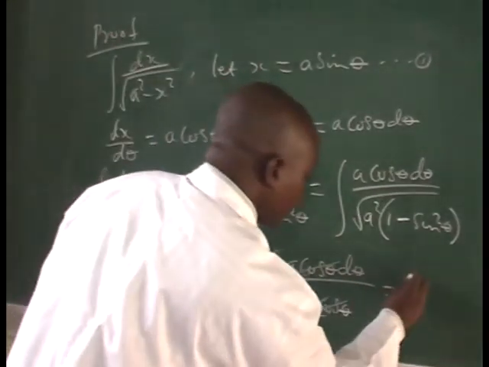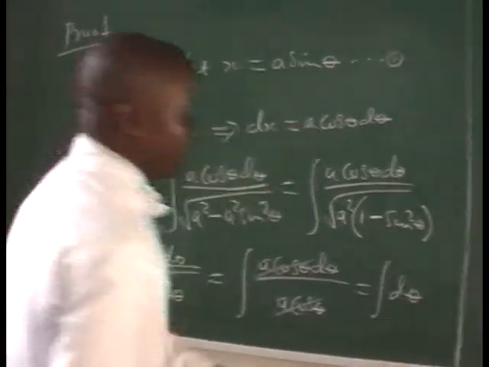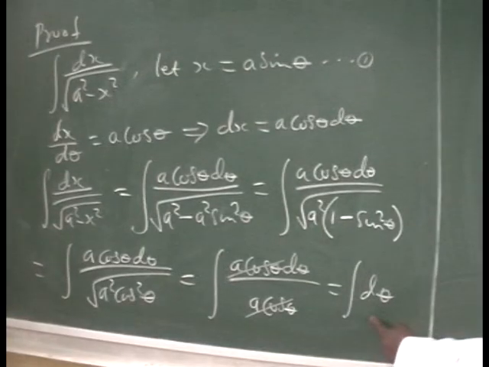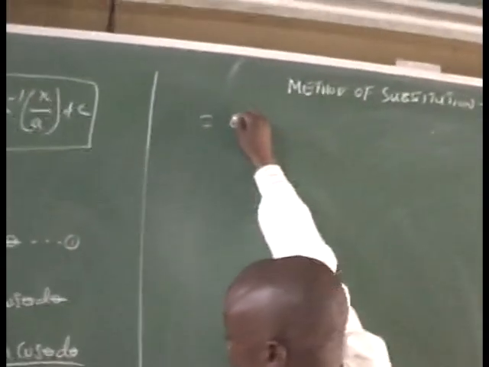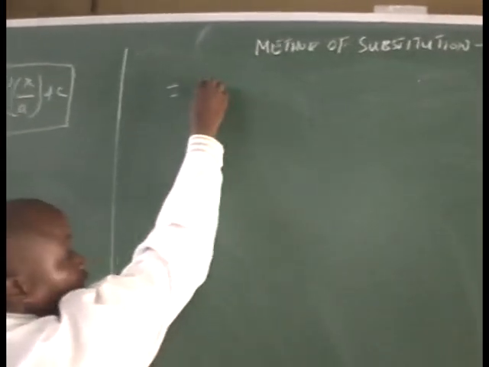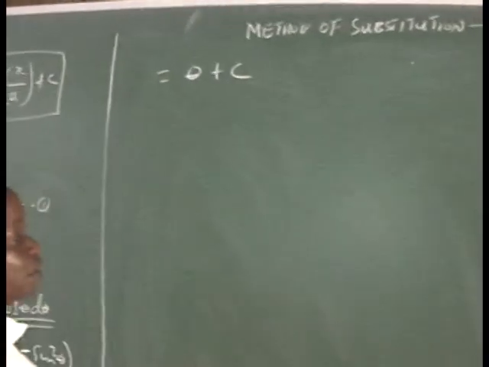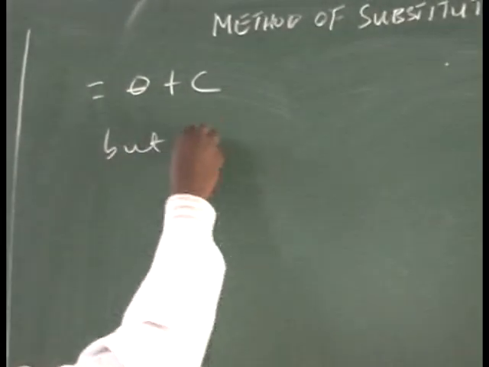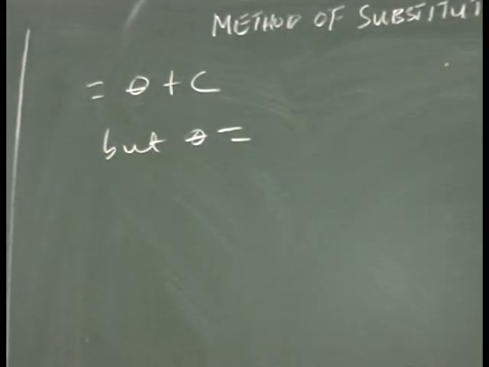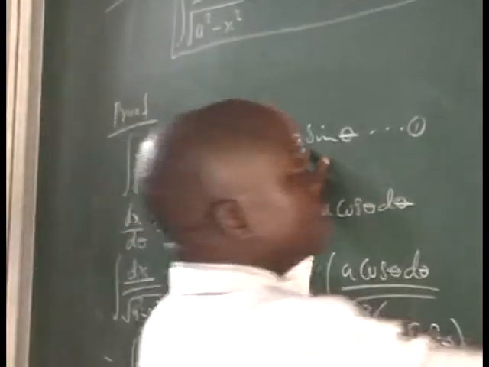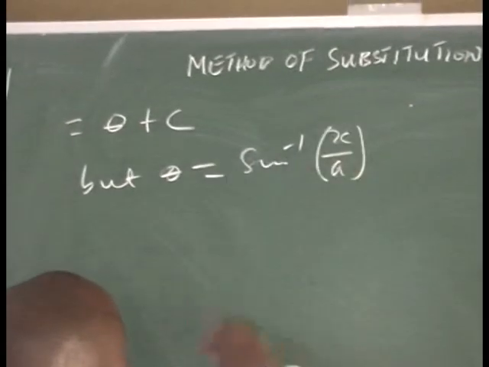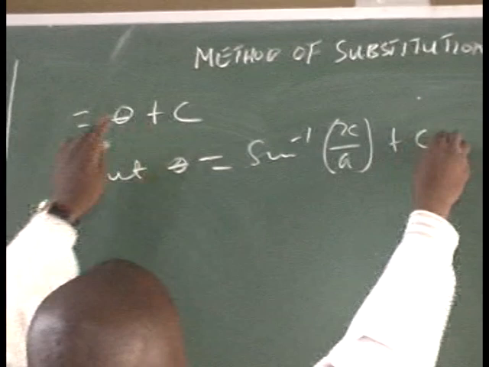So what we have here is the integral of d theta only, and when we integrate d theta, we have theta plus c. Now, theta from here will be equal to sine inverse of x all over a, so that we put plus c.